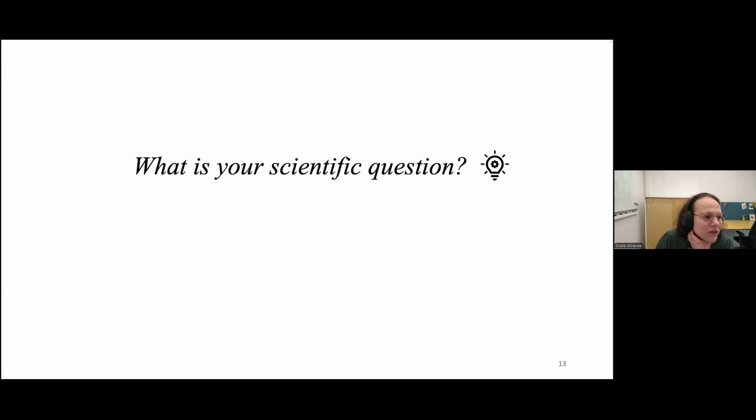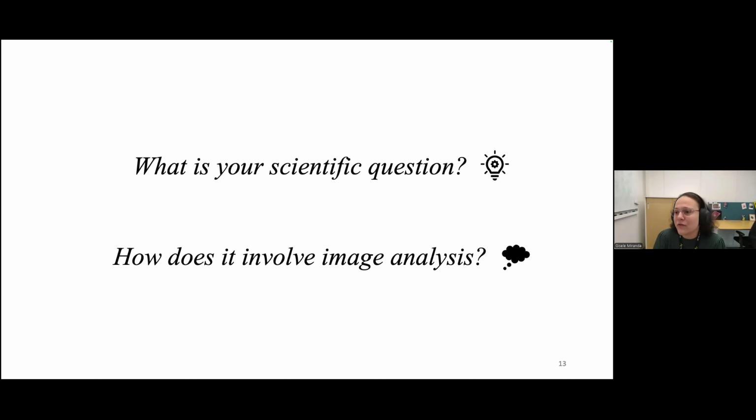So in all of these example pipelines, one thing is, how do we start thinking about this problem, right? Well, you have to start with your scientific question. So how does it involve image analysis? What will I need? Is it segmentation?